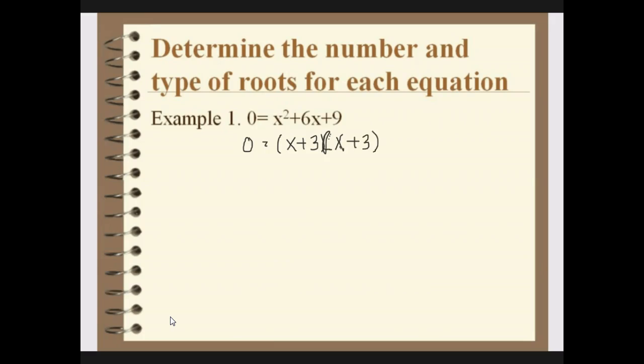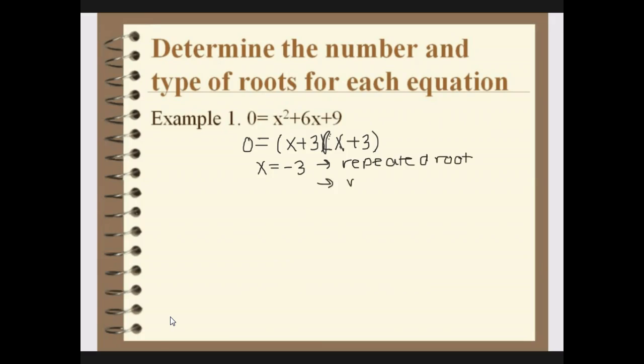So you get 0 equals x plus 3 times quantity x plus 3. So what that tells me is that x equals -3 is what we call a repeated root.